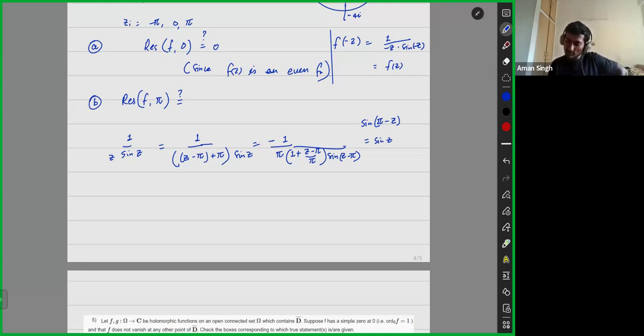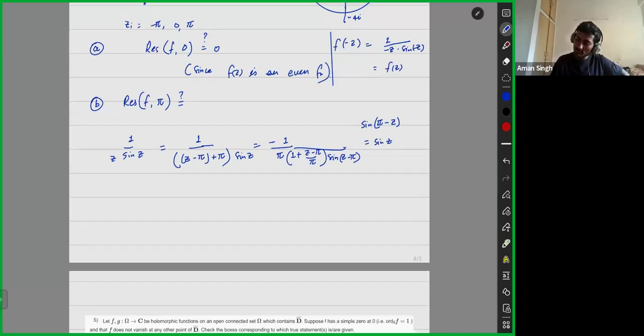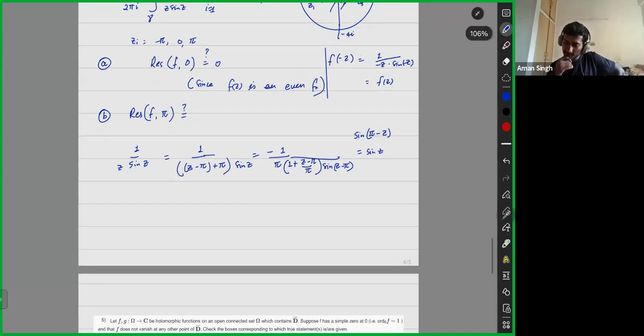I think this will not work because, let's say, 1 by sine z is another expansion, and this part is another expansion. So we'll do it in two parts, and that will be, I think, easier to do. We'll do this part only and then multiply them.